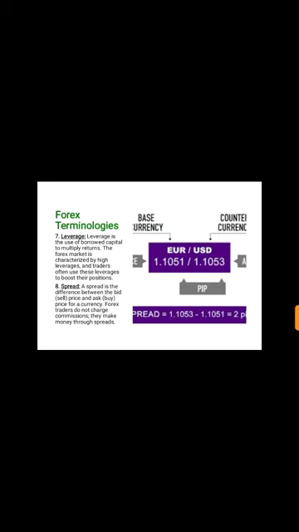Now, you also need to know that brokers do not give a fixed spread. So you're not going to find that the spread is fixed, but it will be varying. For instance, this spread that is now 2 pips can move between 2 pips and 5 pips, depending on the volatility of the market, how fast the market is moving, and the time of the day.